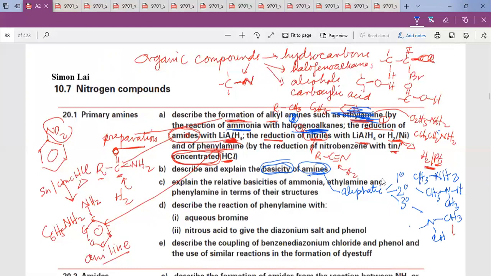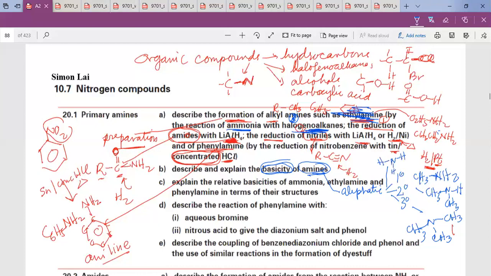You're going to deal with all these. These are tertiary. All of these are basic. Which is more basic? Of course, you will have to compare with the mother, ammonia, H here and H here.